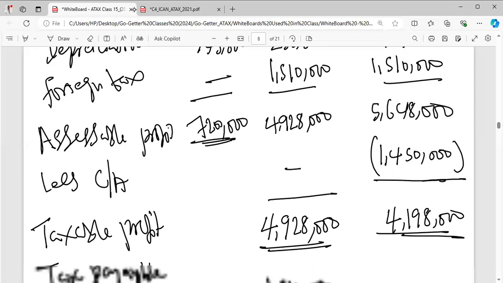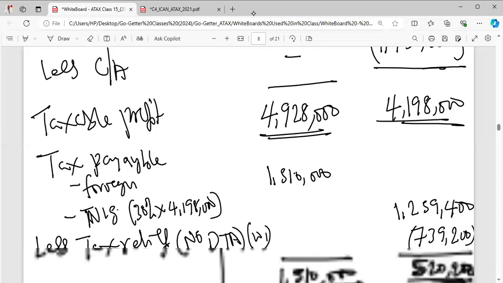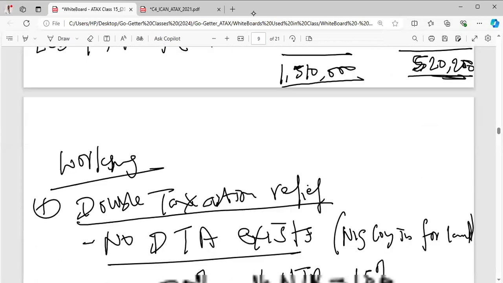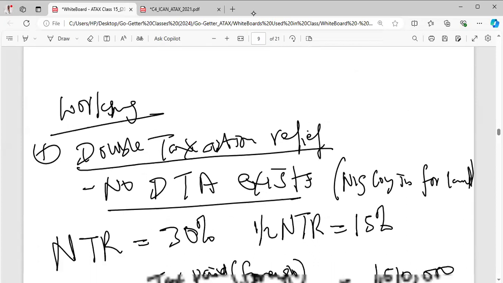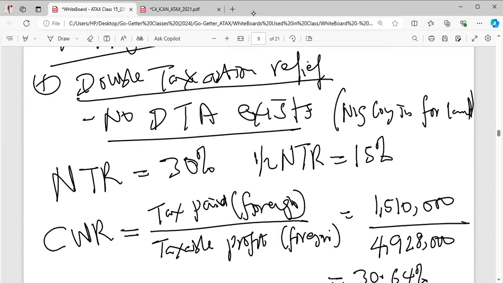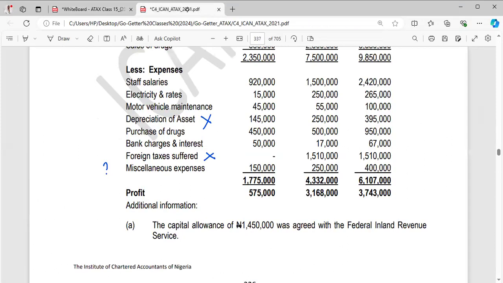So it's possible our answers may be different from that of the pack because of the miscellaneous expense. Let's see how it is being solved in the pack.